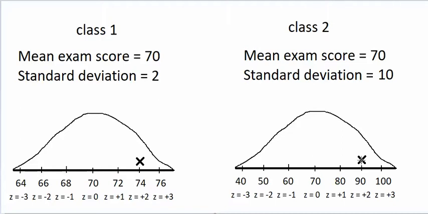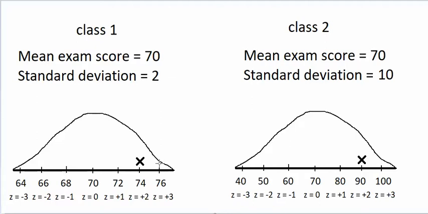And if you look at the position of this person in class number 1, and you look at the position of this person in class number 2, you can see that they're equally extreme because they're at the same position compared to other students. So the percentage of the class that's above this person is actually the same as the percentage of this class that's above this person.